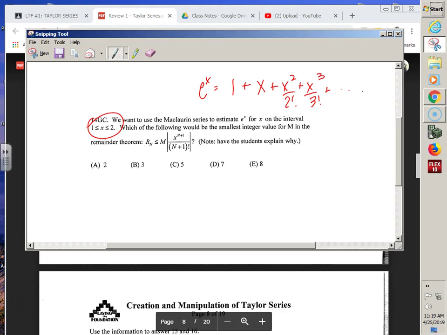x to the n plus 1 over n plus 1. So if we're thinking of Lagrange, that's f to the n plus 1.